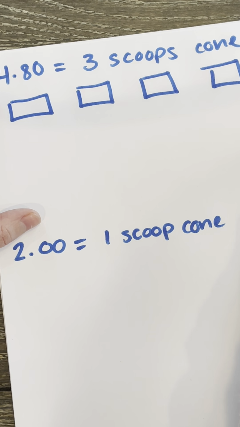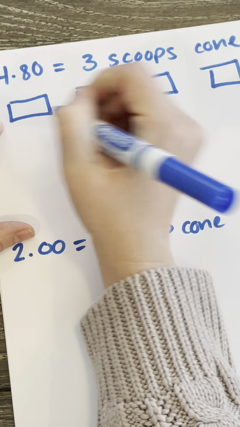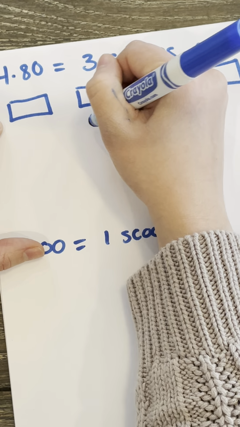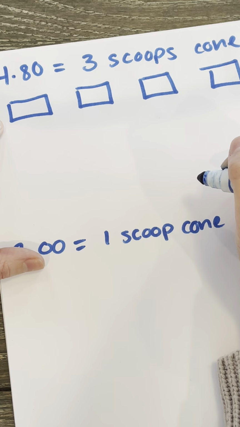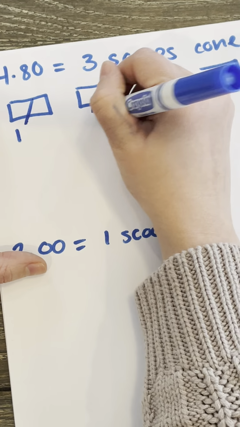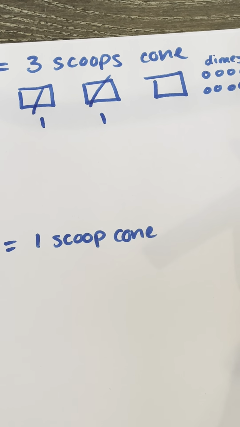So I'm gonna say that these are my dimes. I know that I can start breaking this down to where this is 1 cone, 2 cones, 3 cones. So at this moment, if I take those, that's 1 scoop, 1 scoop, 1 scoop. And I have $1.80 left over.